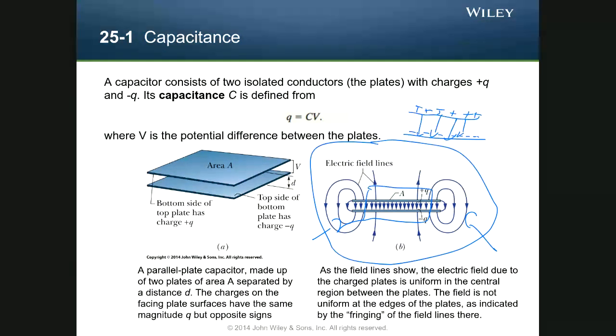And the capacitance, which defines basically how much charge can be stored per potential difference, is equal to, I'm going to change my color and write it up here.